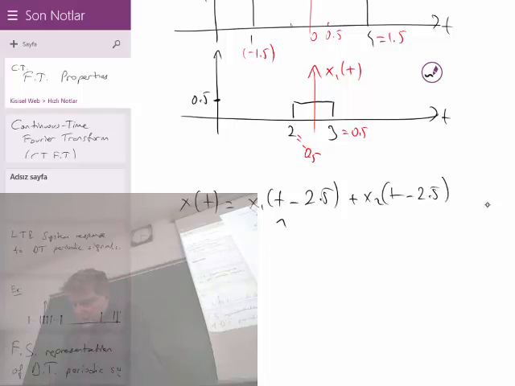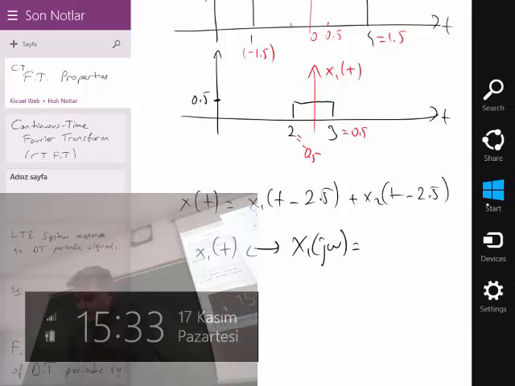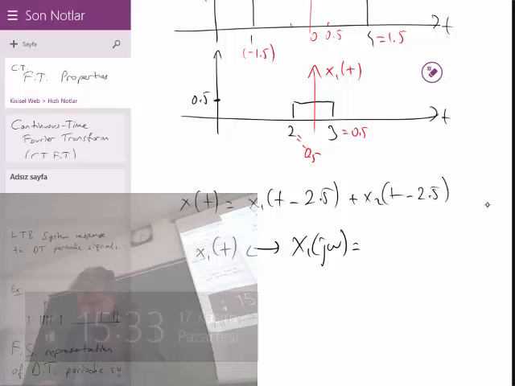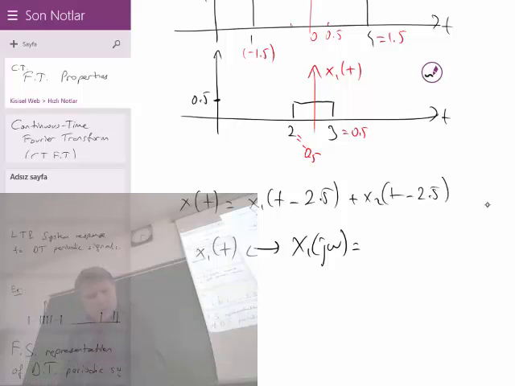x1 of t has a Fourier transform x1 of j omega, which is equal to sine omega over 2 over omega.